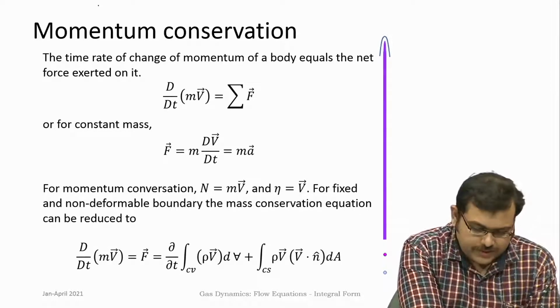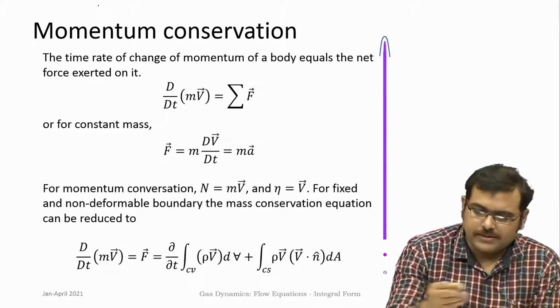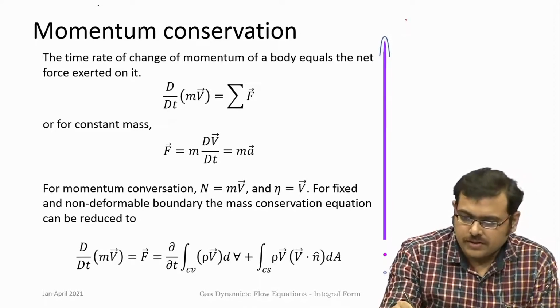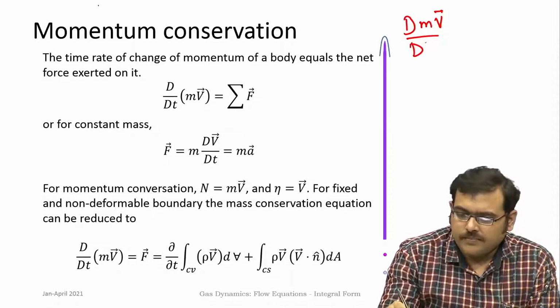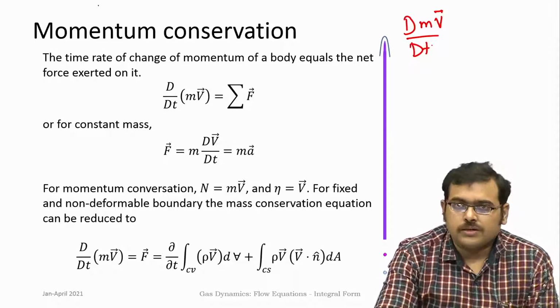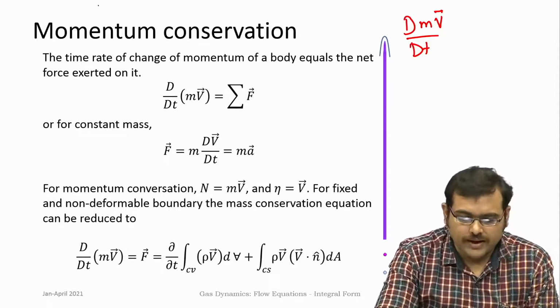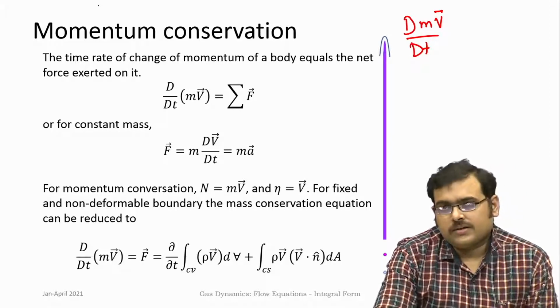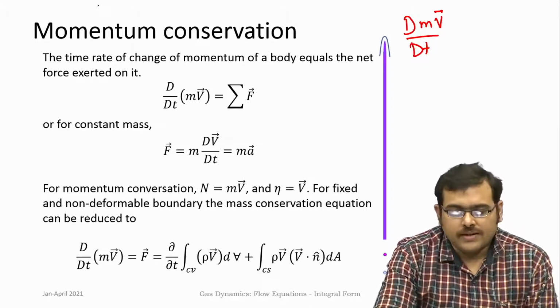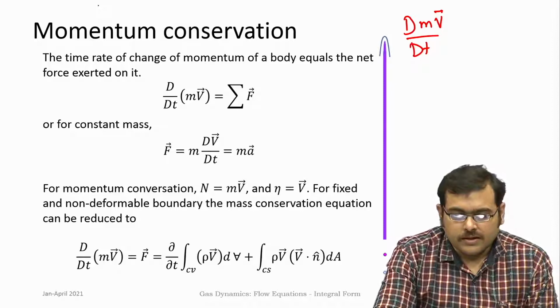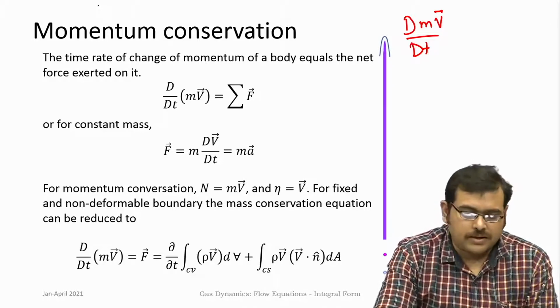So you are looking at a rate of change of momentum, which is d(mv)/dt. Here you should pay more attention because momentum is a vector quantity, so the directions of each component of momentum have to be considered carefully.